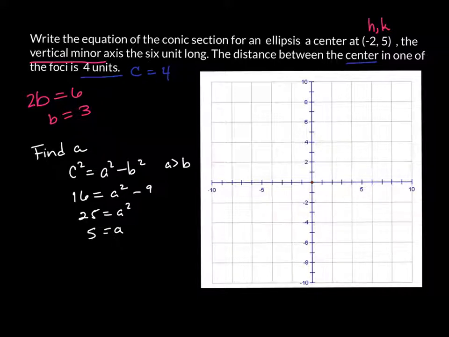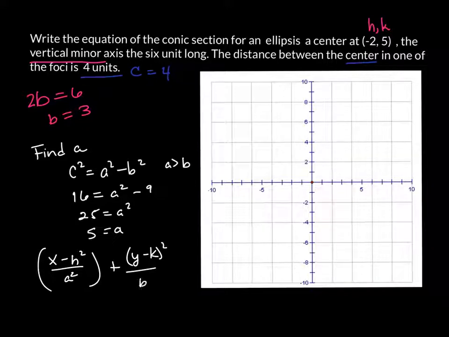Now, the general form for an ellipse is x minus h squared over a squared plus y minus k squared over b squared is equal to 1. So our general formula for this would go ahead and be x.